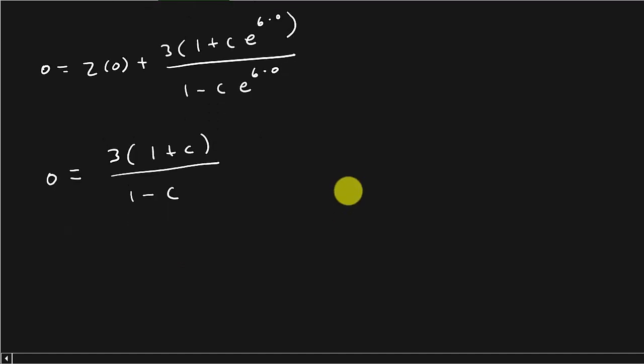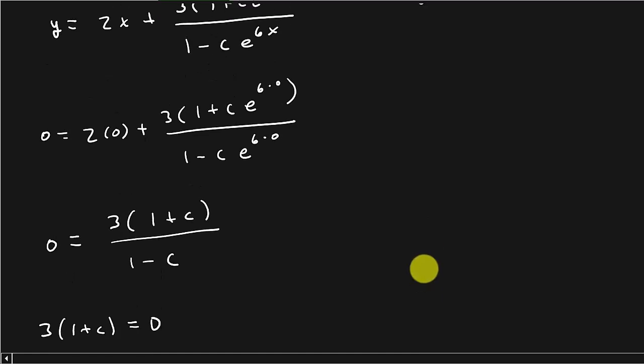And so how are we going to go about solving this? Well, we know that a fraction is 0 when the numerator is 0, right? So 1 plus c, divide everything by 3, c equals negative 1.